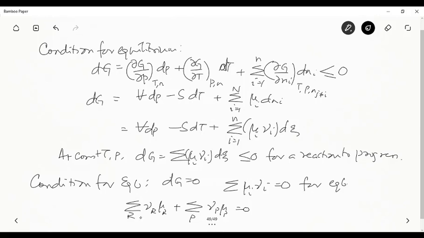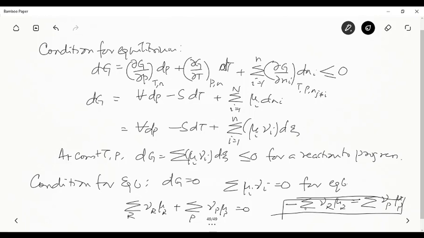So the summation of minus nu r mu r would be equal to the summation of nu p mu p, which is the condition for equilibrium. That is, the chemical potential of all the reactants multiplied by the respective stoichiometric coefficients should be equal to the chemical potential of all the products multiplied by the respective stoichiometric coefficients.